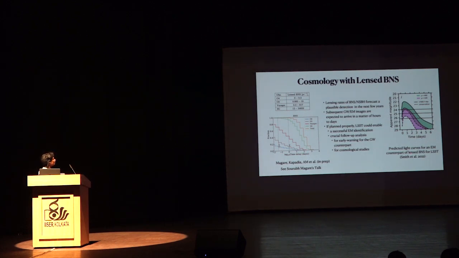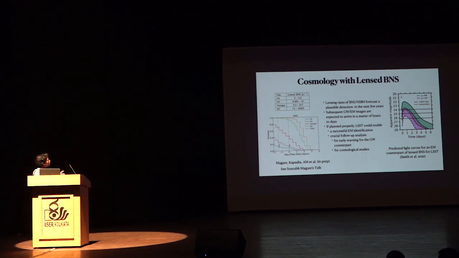There are also other studies which have tried to assess how feasible it is to detect the lensed counterparts in the EM data, for example using surveys like LSST, which is an optical survey where they are going to go to very large areas and very high depths. There is some uncertainty in our understanding of the EM counterparts of this BNS.